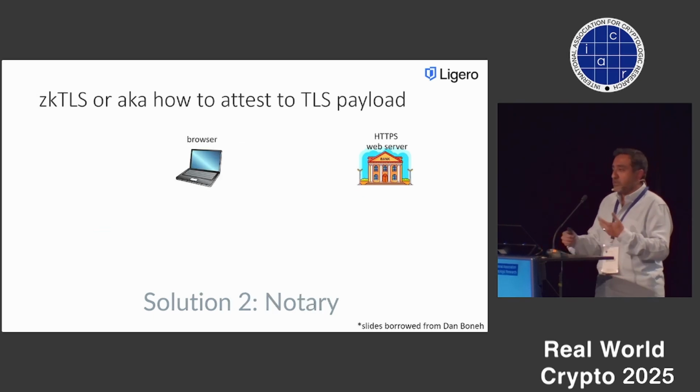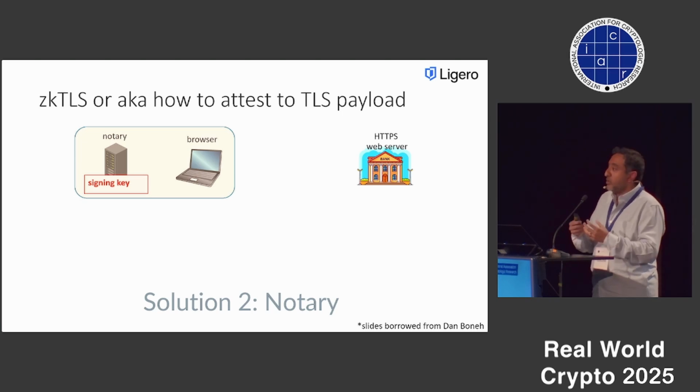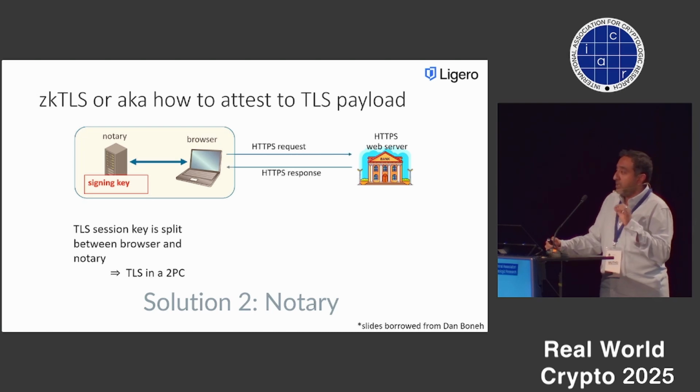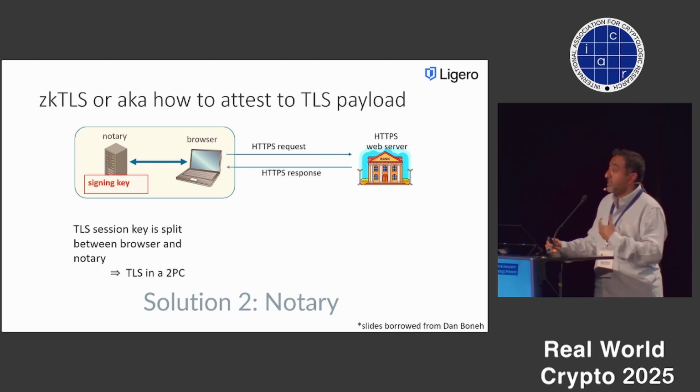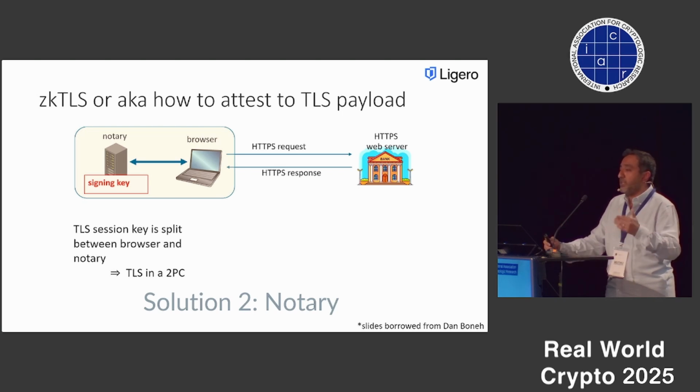A second approach is something called a trusted notary, where you can imagine that the trusted notary and the browser act as a two-party computation to emulate a single party in this TLS communication. In this way, the session key is not stored at just the browser. It's secret shared between the notary and the browser, and every time you have to do encryption or decryption, it becomes a two-party computation protocol.